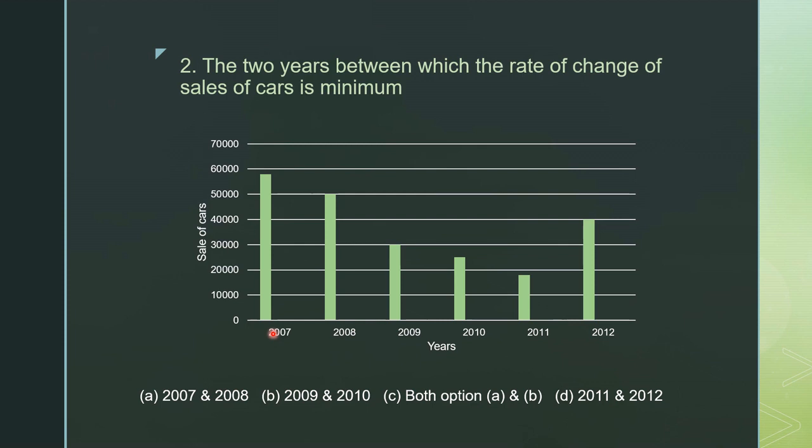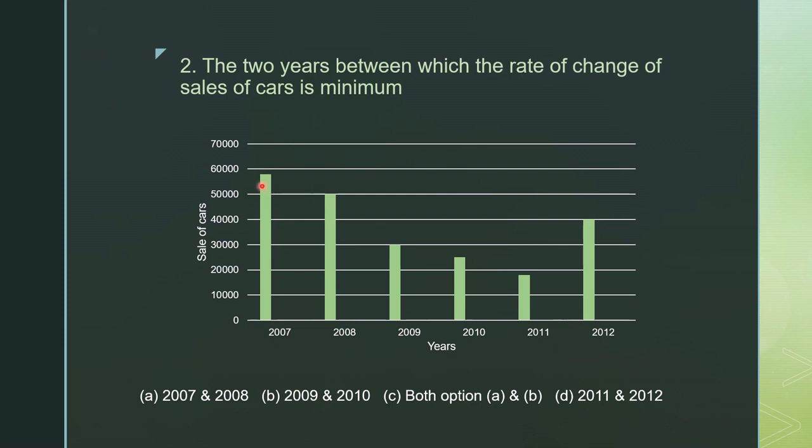First we calculate the rate of change of percentage value. In 2007 the sales of cars is 58,000 and in 2008 the sales of cars is 50,000. If we subtract 50,000 from 58,000, we get the 8,000 value.